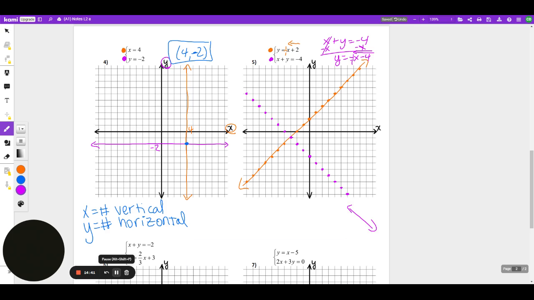And using my pattern, I have come up with the graph of the equation for question number 5. Now I can find my intersection for those 2 lines, and I get an intersection of -3, -1, and that is my final answer for question number 5.